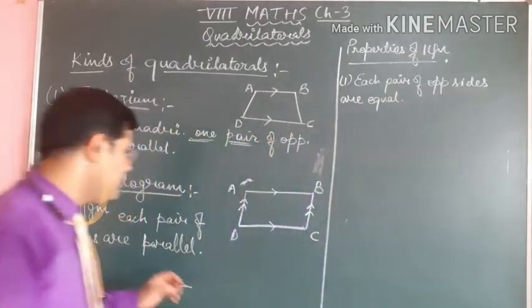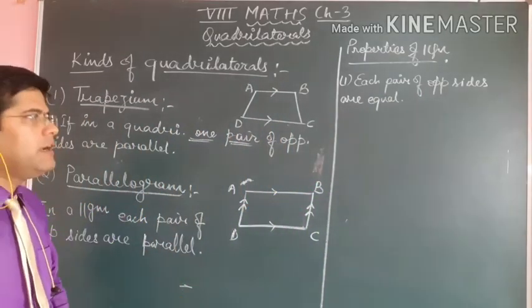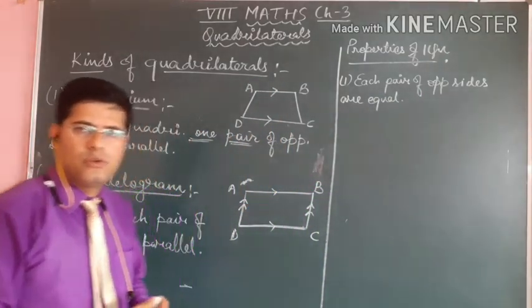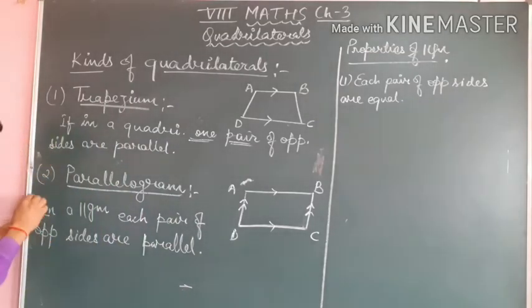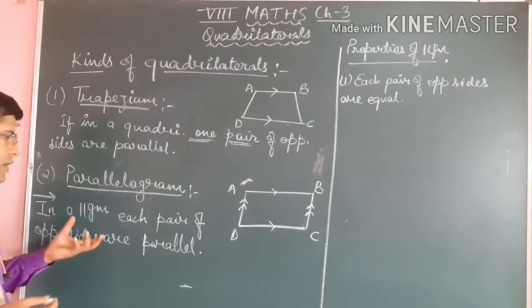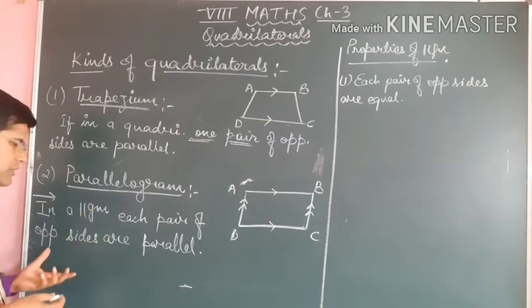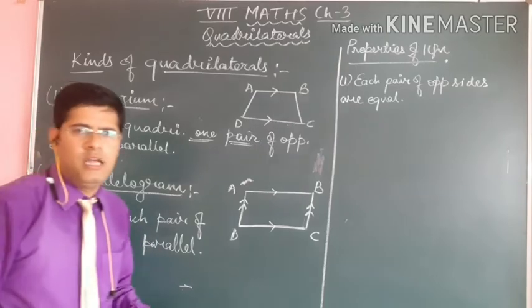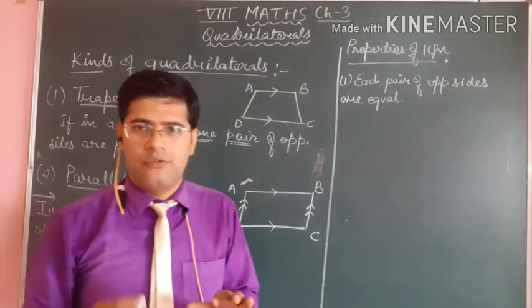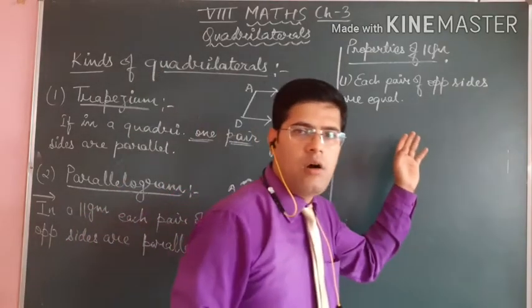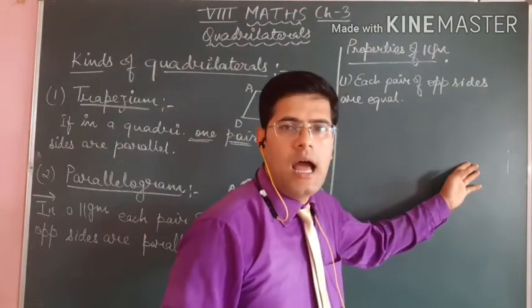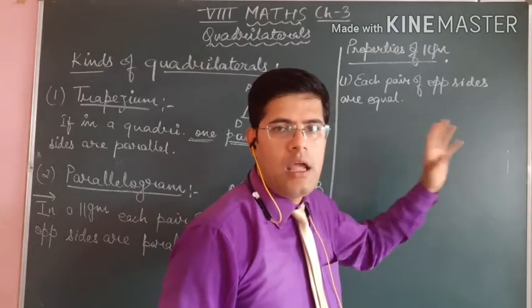Here it is parallel, but with parallel it is equal also. So if you want to define a parallelogram, this could be your definition: if in a quadrilateral each pair of opposite sides are parallel, then it is a parallelogram. But when we talk about the properties, what more is there about the parallelogram? The first one is each pair of opposite sides are equal.